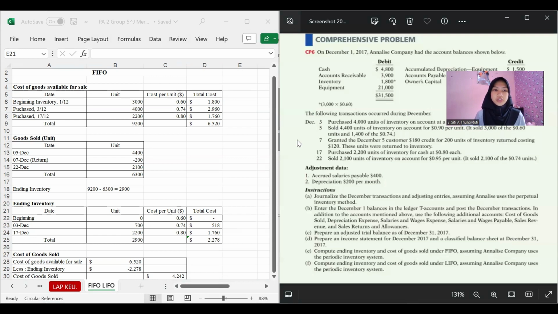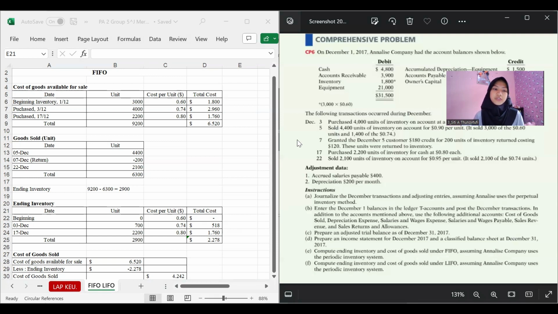Because FIFO sells the goods that came in first, the beginning inventory has been sold out. The inventory from December 3rd has 700 units remaining, with a total cost of $518.